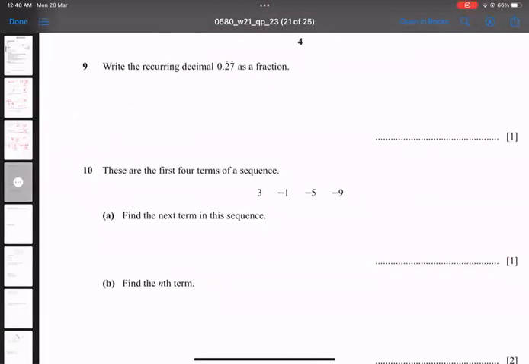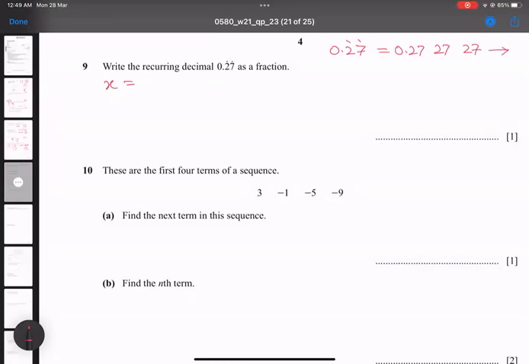What is the method to do question number 9? When we have dots on the numbers, for example, you can see here, we can assume it equal to x. Actually, 0.27, if two dots on the top, it means 0.27, 27, 27. It continues forever.